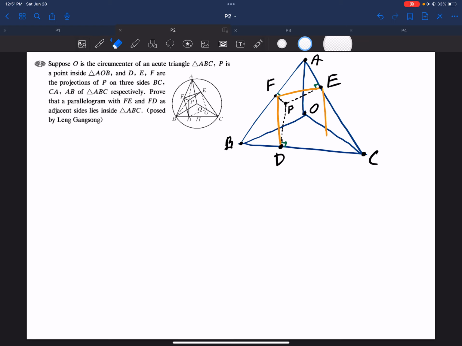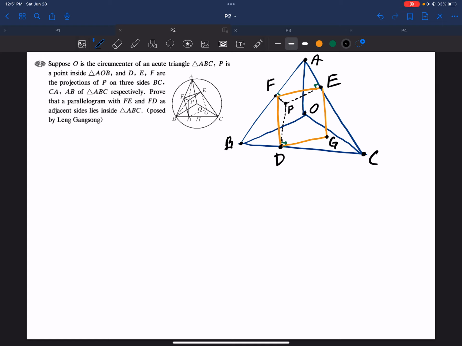And one more segment that is parallel to FE. We get a point, well, it's called G on the original picture, so let us use the same name. So the problem is asking to prove that the parallelogram that we just drew lies inside the big triangle ABC.